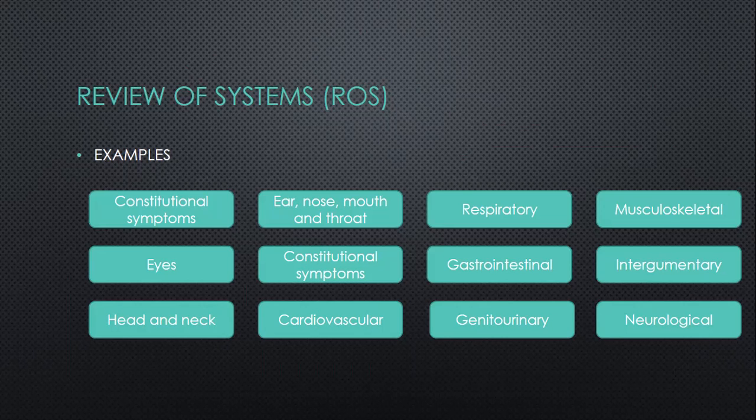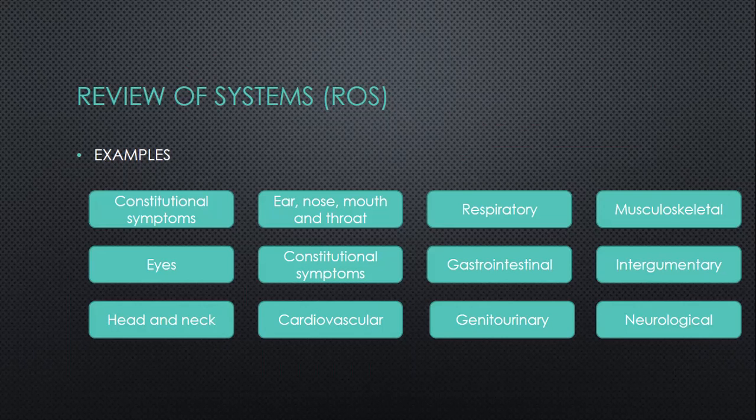If there was any change in visual acuity, blurry or double vision, is there pain? Is there photophobia? How is the ability to see at night? How is the ocular discharge?